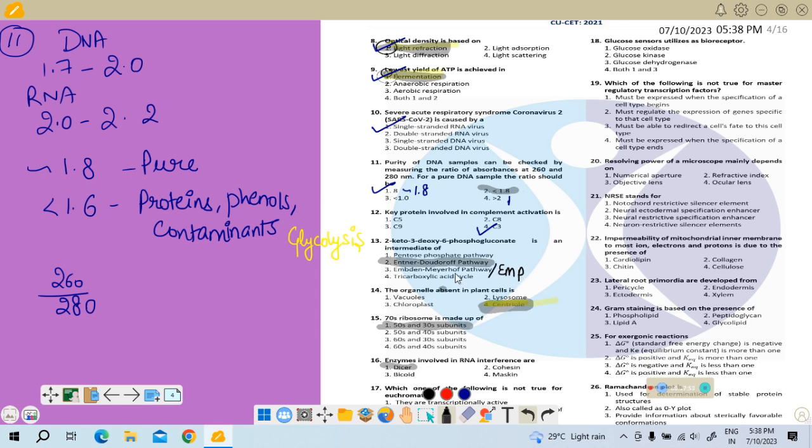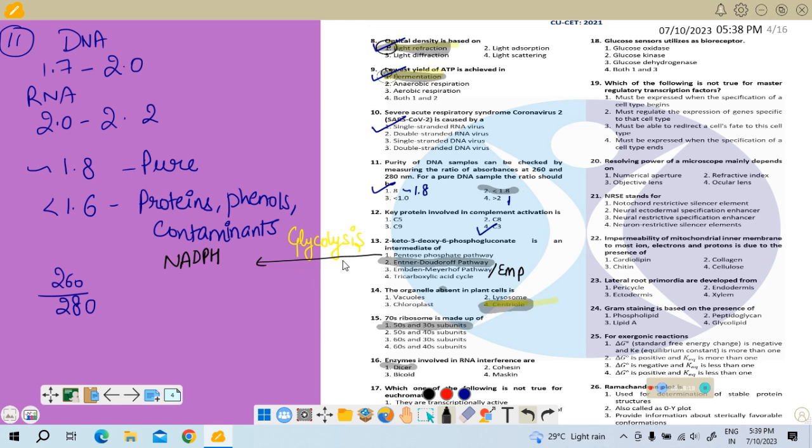Okay, then pentose phosphate pathway. Here the NADPH term is there.